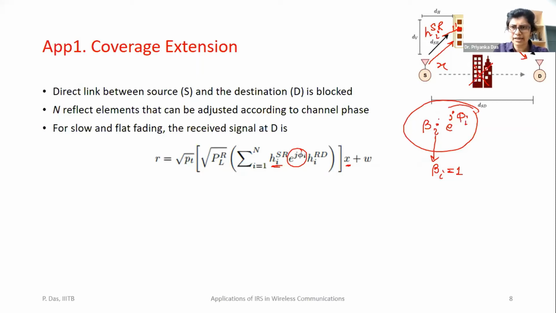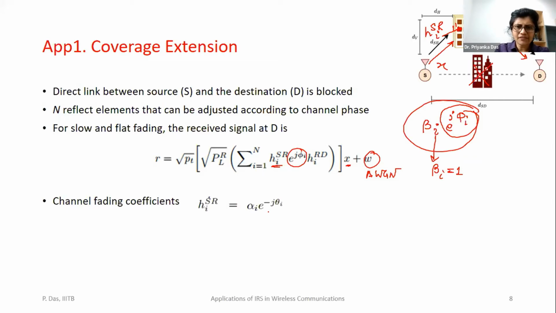So I'm just worried about e to the power j phi I. It will again go through HIRD, summed over all elements, and there will be an AWGN noise at the destination, the receiver, which you cannot avoid.